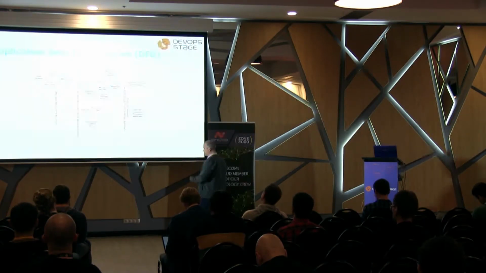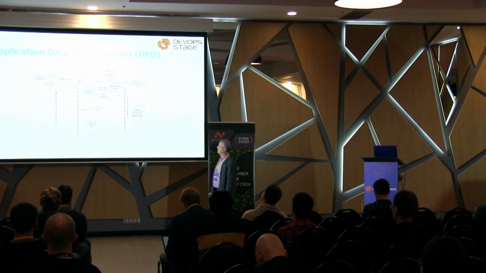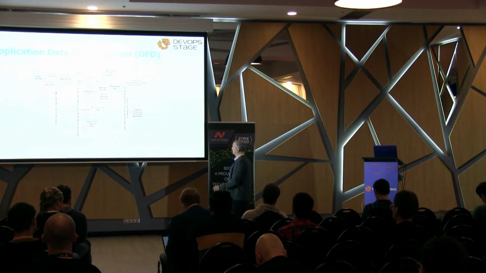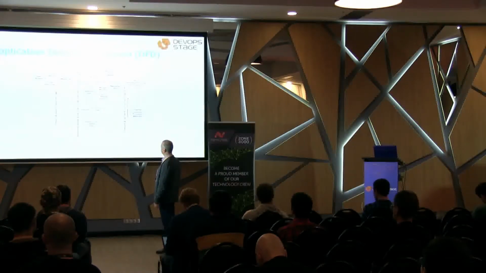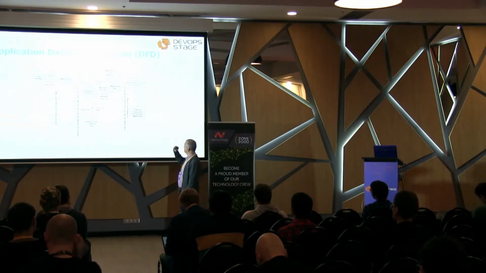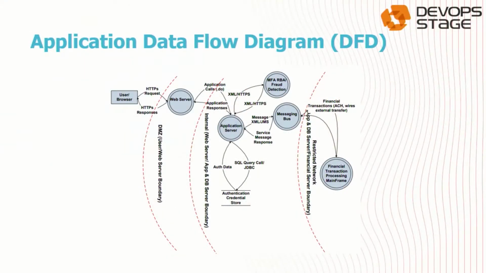Okay, and we're starting to create the data flow diagram. If you've never seen a DFD, here's an example. We're trying to visualize all our design and place all the components. We have, for example, web servers, application server, and many others here. We're also trying to define the trusted zones.